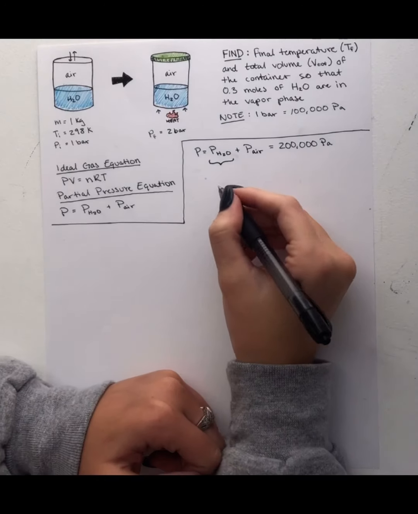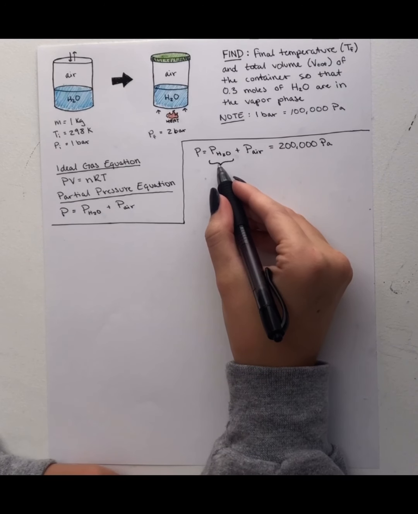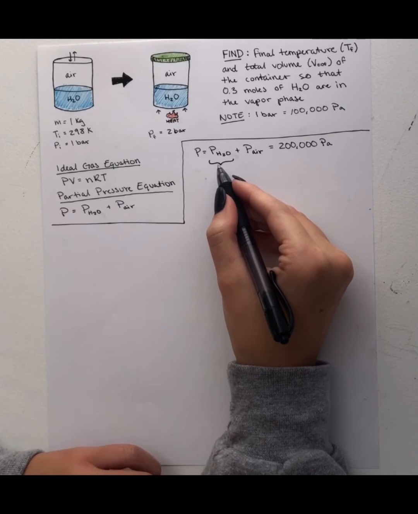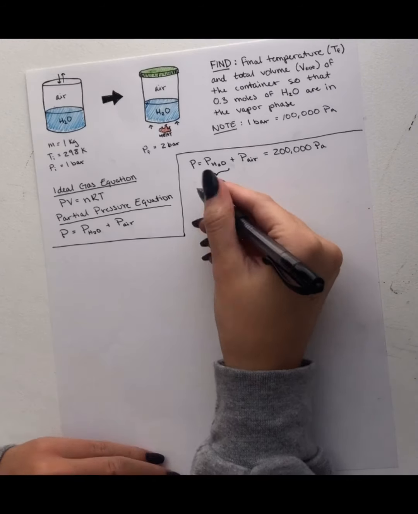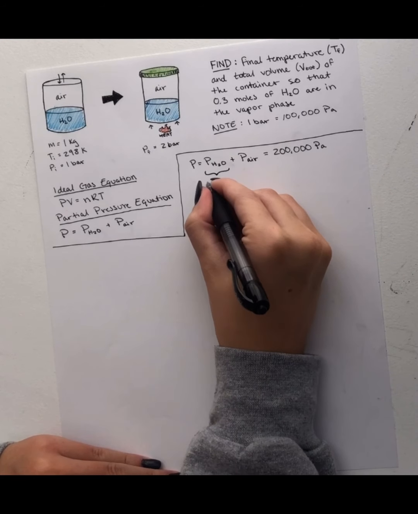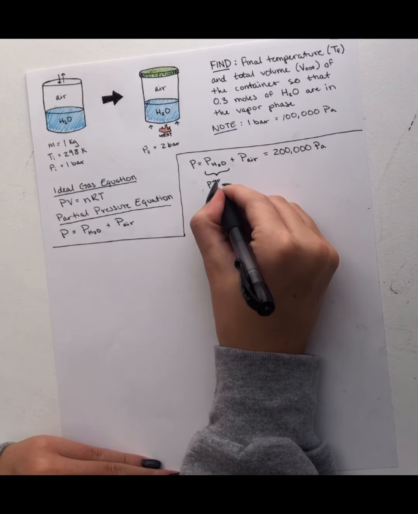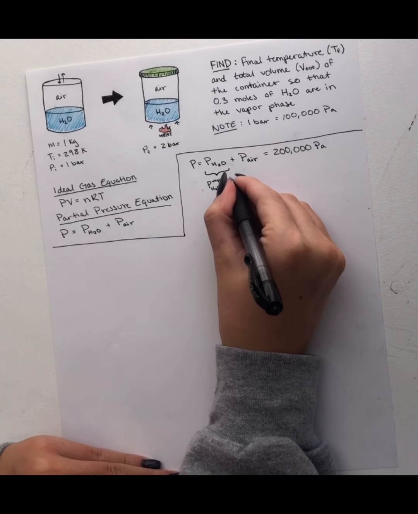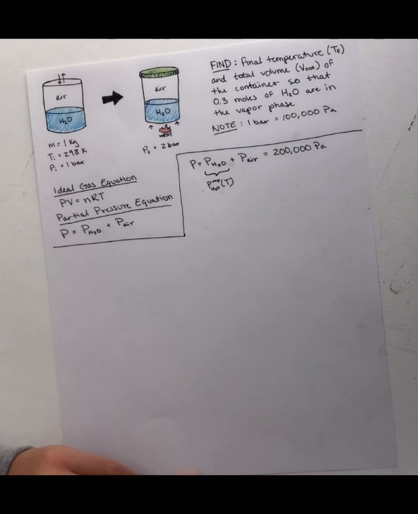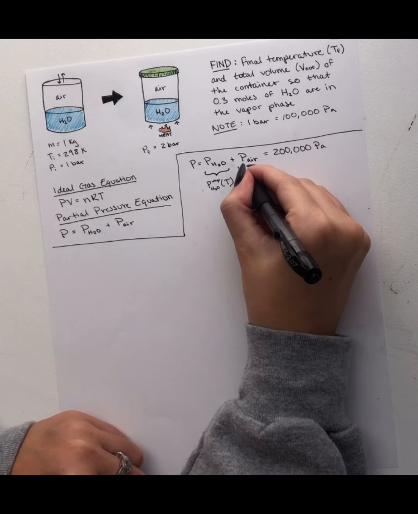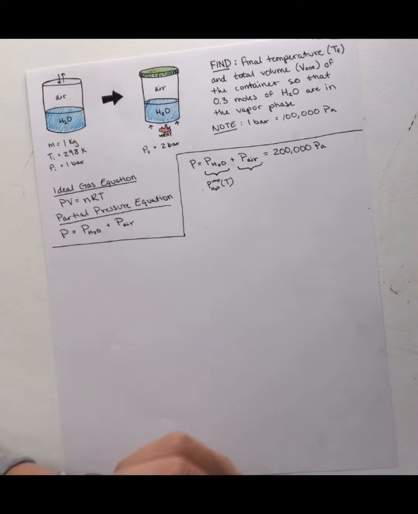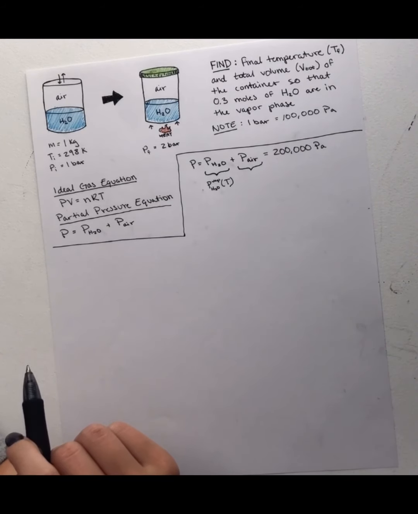We're going to find our partial pressure of water from Antoine's equation, and we're going to find our partial pressure of air using the ideal gas equation.